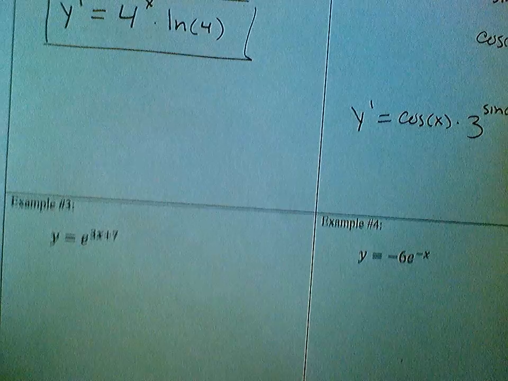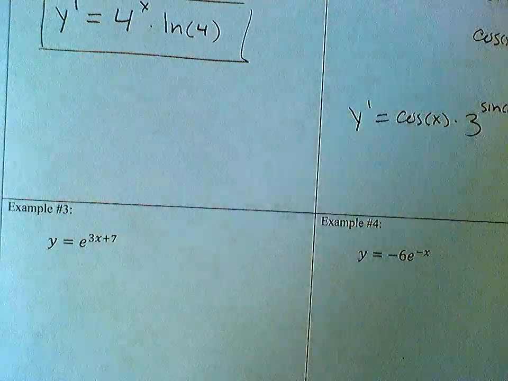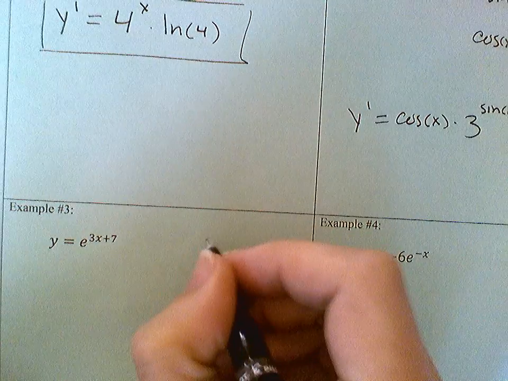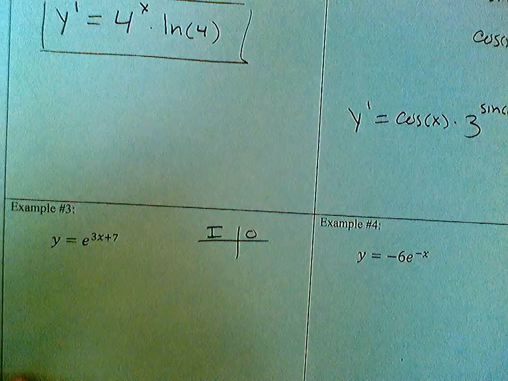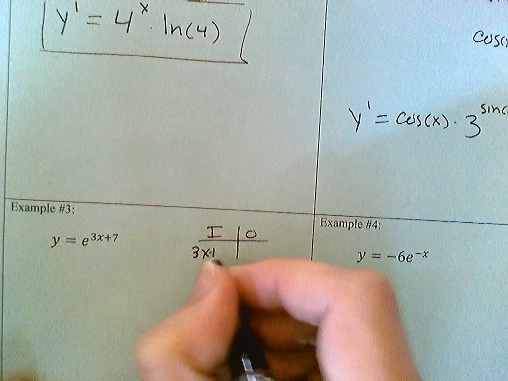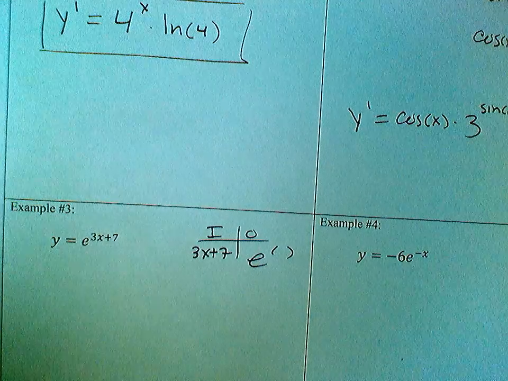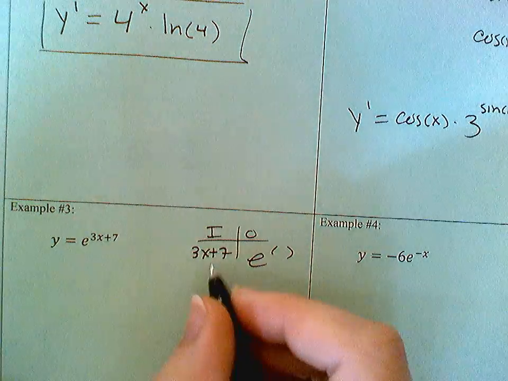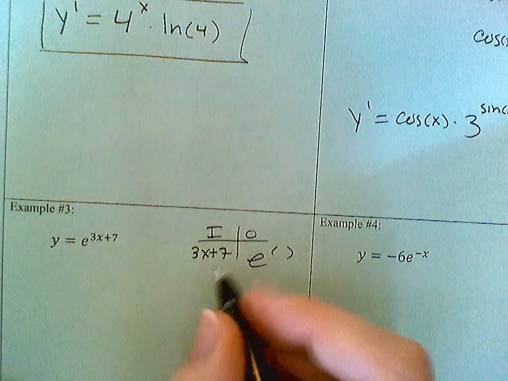Now another derivative. Down here, e to the 3x plus 7, here is another chain rule situation. There's a function within another function. So I'm going to do the chart. The inside function is 3x plus 7. The outside function is e to the blank. The derivative of 3x plus 7, I can use the power rule on because it's of the form ax to the n.